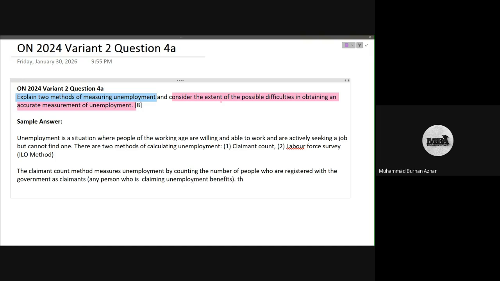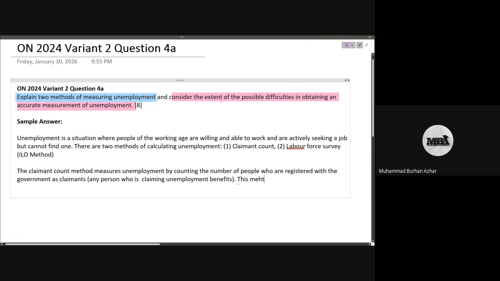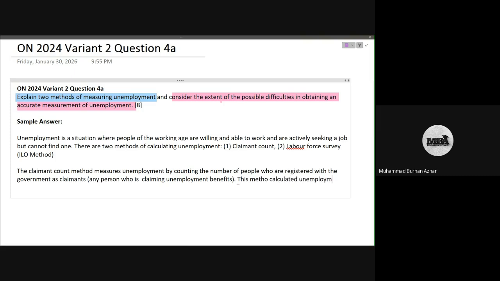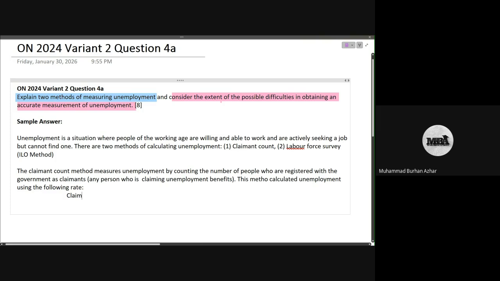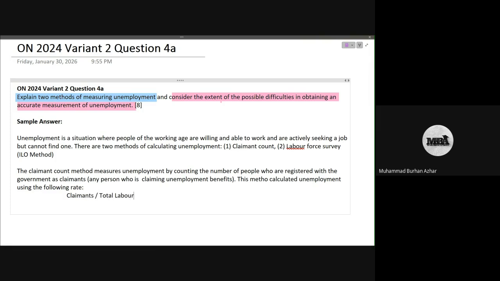And this method calculates unemployment using the following rate. We divide the number of claimants by the total labor force. The total labor force in this case is the claimants plus employed people, and we times that by 100.